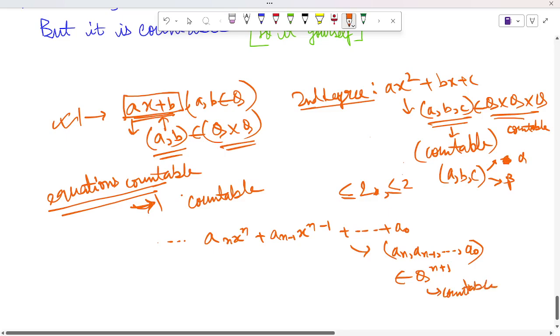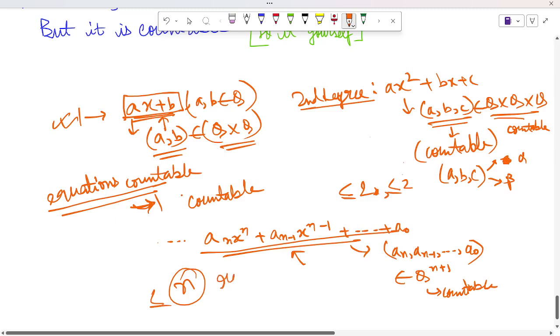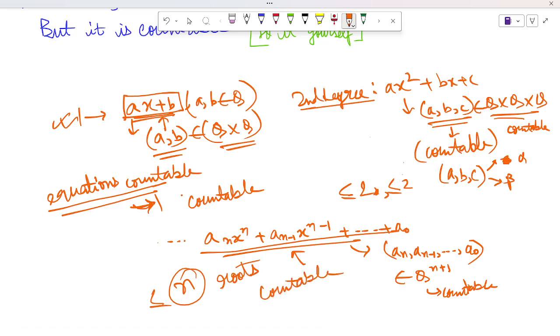So the number of such algebraic equations is countable, and each equation gives me at most n roots. If all of them give exactly n roots, then it is n times the cardinality, so the total is countable.